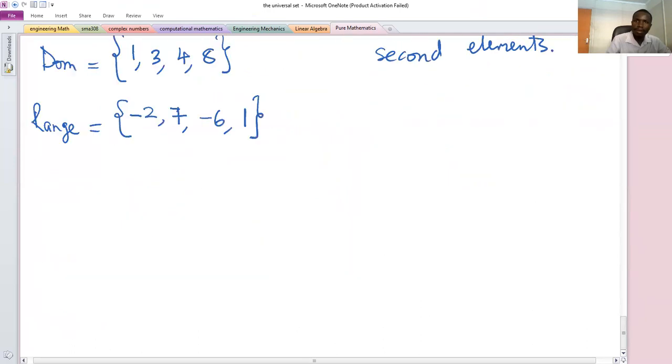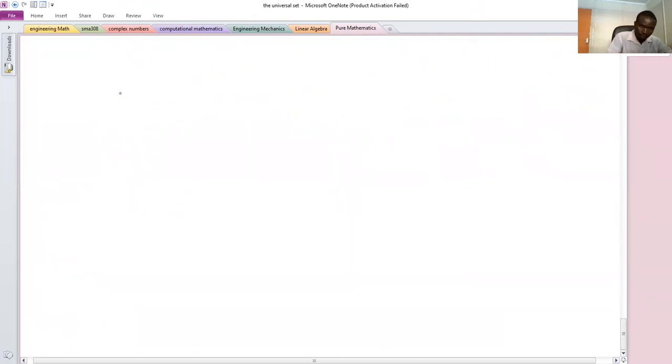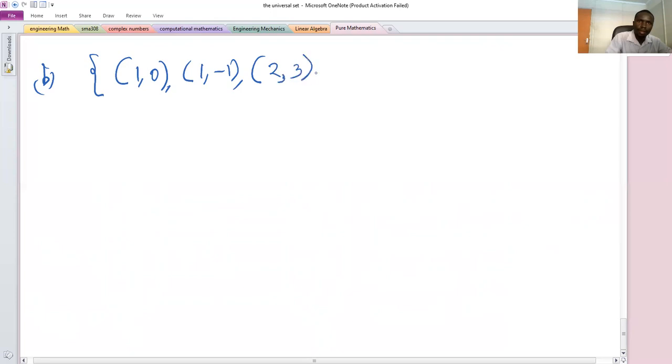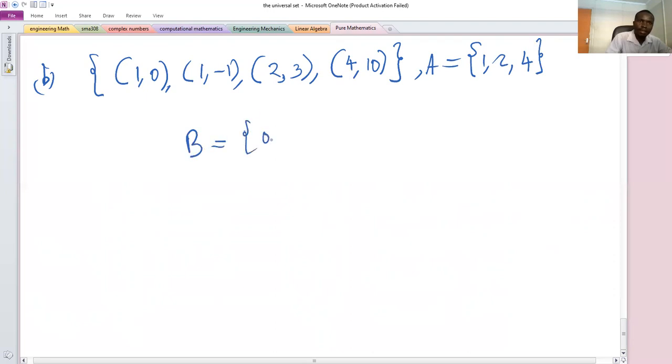And then part B, we had the relation (1, 0), (1, -1), (2, 3), and (4, 10). And then set A has 1, 2, and 4, and set B has 0, -1, 3, 10.